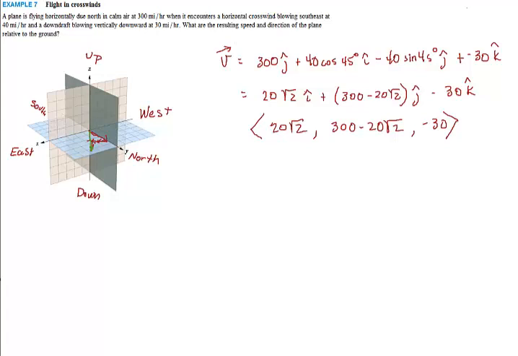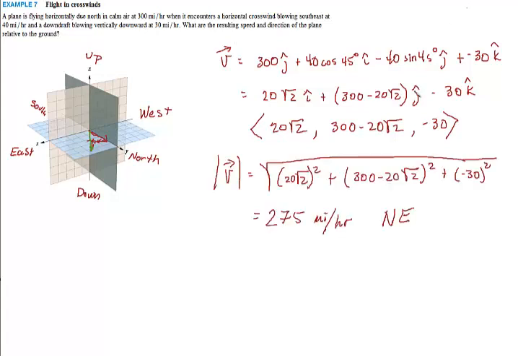We're just going to find the magnitude of that vector. Alright, so that's what I get, about 275 miles an hour northeast, and this is about all you can do as far as the direction goes, and that concludes section 2. Next section we'll get into how to find the angles on that. We'll extend that to the 3 dimensions as well.